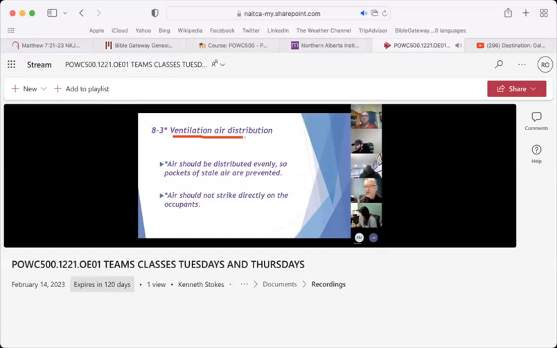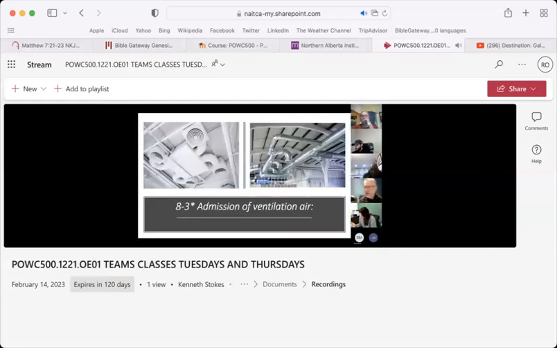When we distribute fresh air or ventilate, air should be distributed evenly to prevent pockets of stale air. And when we consider the comfort of occupants, we don't want this air to just be drawn in and blowing on the first person in the side of the building, right?